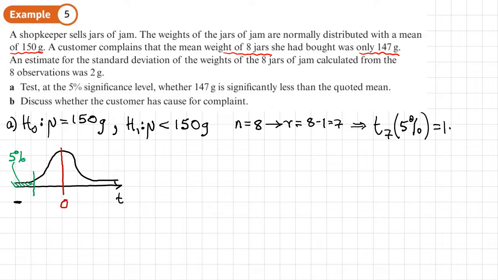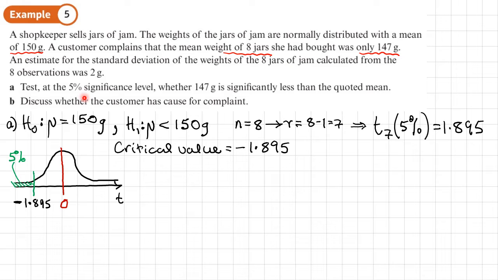So that tells me that this value here is negative 1.895. So I'll just put down critical value equals negative 1.895.